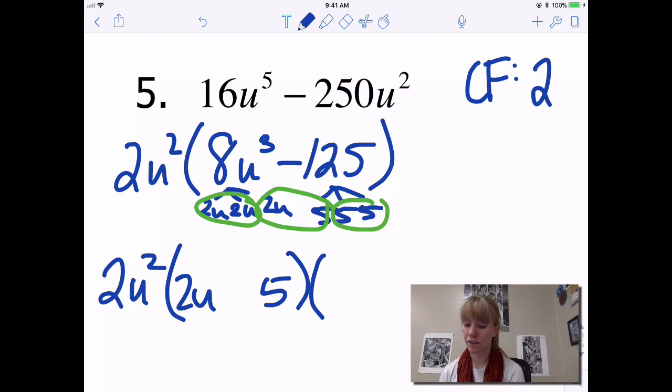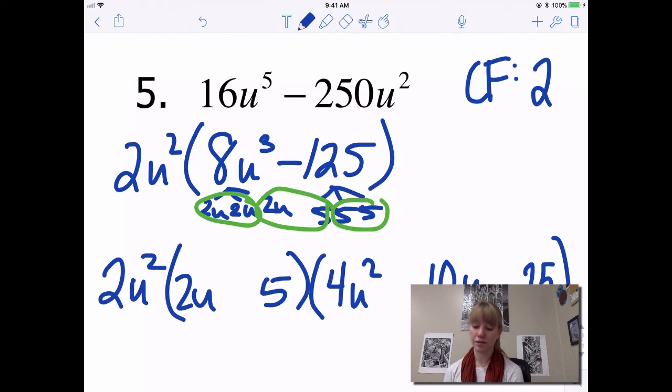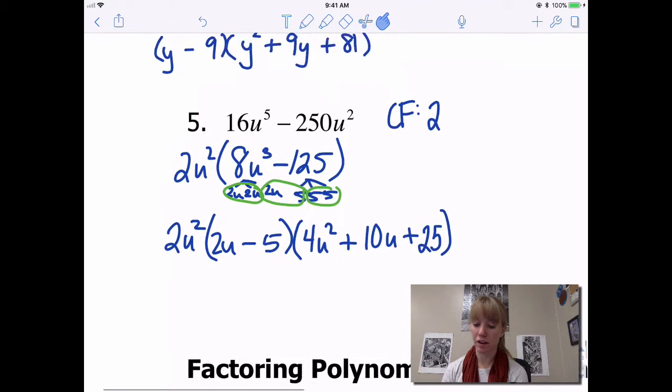Second parenthesis, I've got a 4u squared. 2 times 2 is 4, u times u is u squared. 2u times 5 is 10u, and then a 25. So same, opposite, always positive will give me this as my final answer.